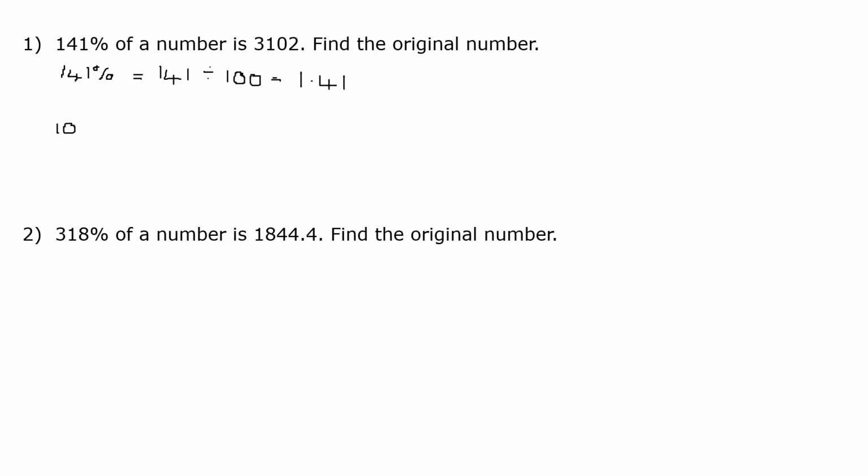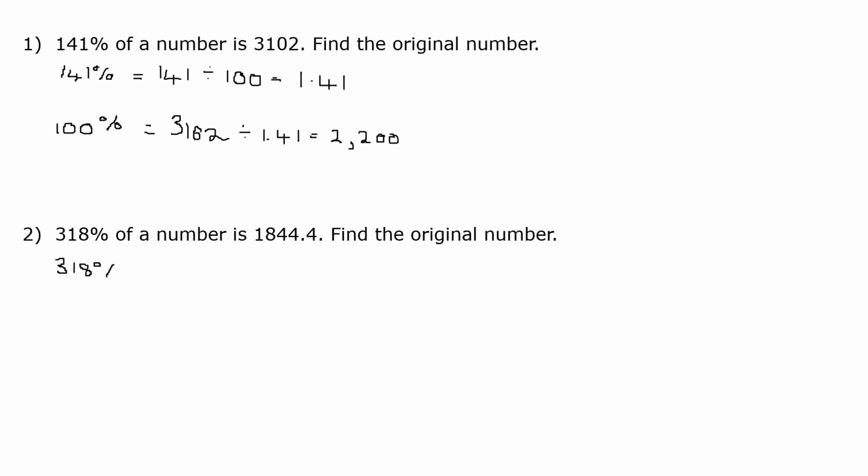And then I want to find my original amount. So I'm going to take my 3,102. I'm going to divide that by 1.41. And that will give me 2,200. So my original number is 2,200.